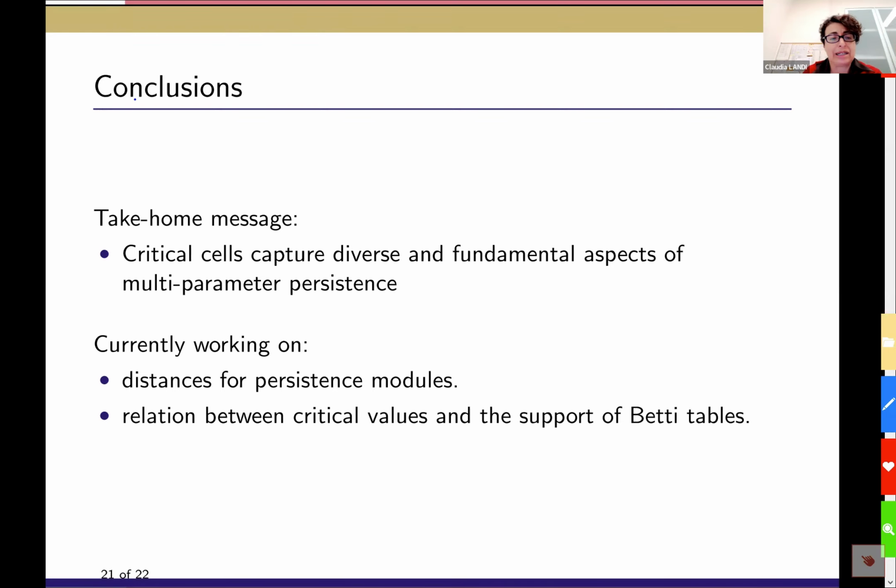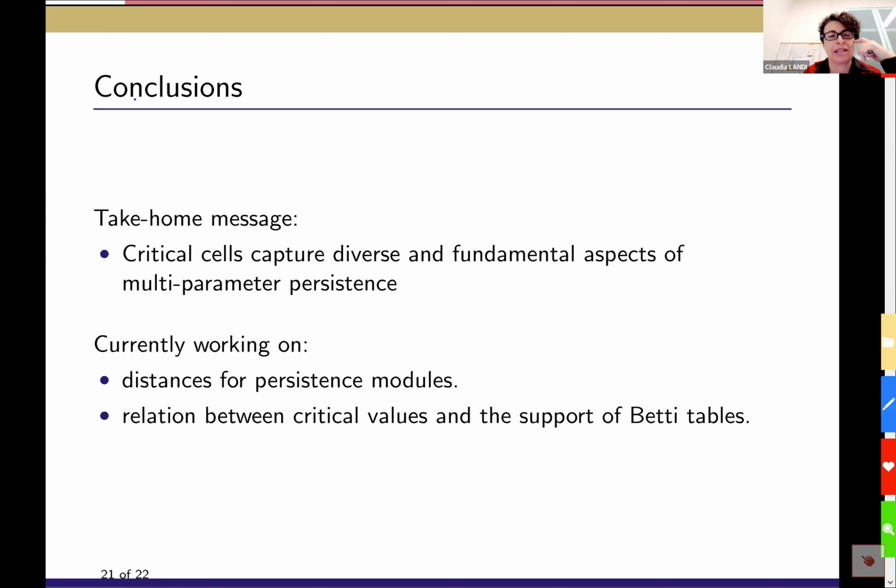For example, I'm currently working with my collaborators on defining new distances for persistence modules, or computing known distances for persistence modules, based on the equivalence relation between lines that I have presented. And also I'm trying to describe in more detail the relationship between the support of critical values and the support of Betti tables.